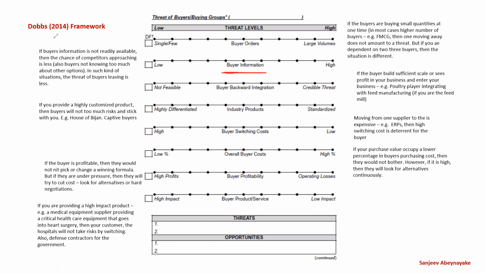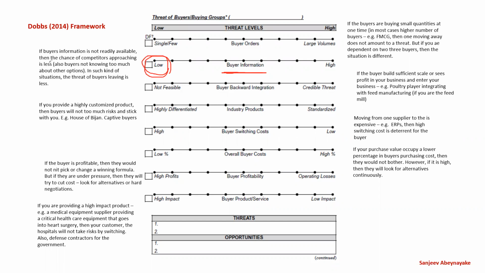For instance, let's say a very confidential product that you're selling, like high-end antiques, or top range houses, sometimes who's going to buy that information is not widely available. Sometimes it might be advanced technological systems, or even weapons. In that kind of area, the buyer information is very low.